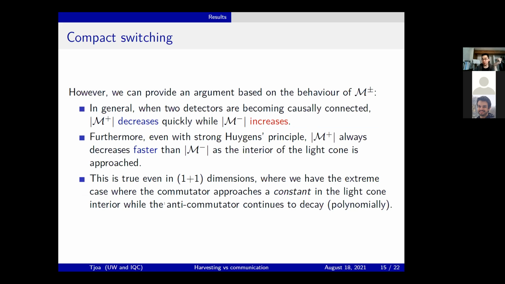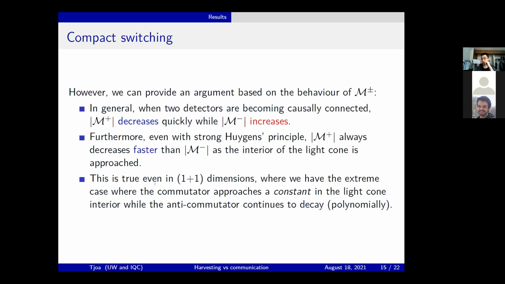So in general, you expect the anti-commutator pieces to decrease faster than the commutator. This general feature has nothing to do with the compact switching. I will show you one plot later at the end if you are interested, but I relegated it to the appendix because I think it is not relevant. But this is essentially the story in the generic dimension. I've also checked this for Gaussians in higher dimensions.